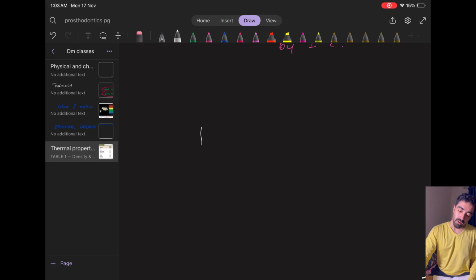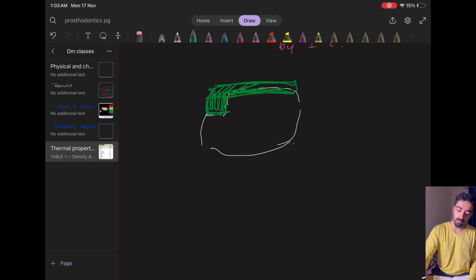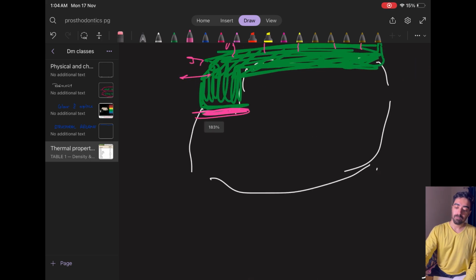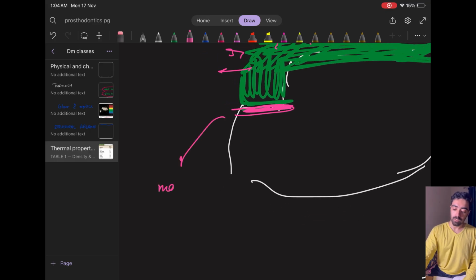Let us say I have done a class 2 filling, means the tooth was carious on the proximal side and I have filled it using a material known as mercury or amalgam, and I heat it. Increase the temperature, decrease the temperature, increase, decrease. Now what will happen is the material will start to expand. A gap will be created here. This gap is responsible for marginal leakage.